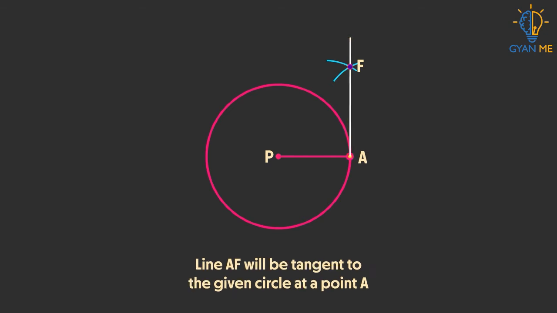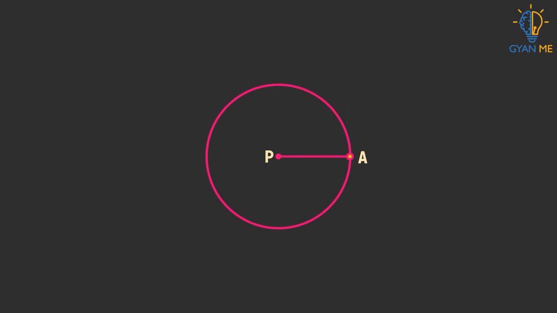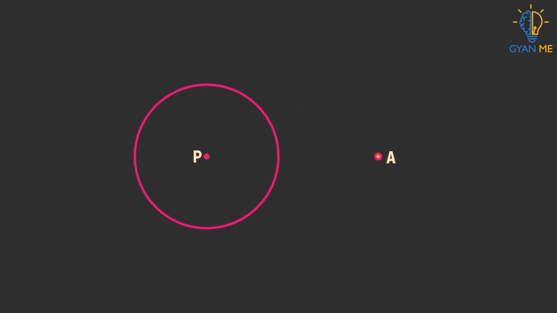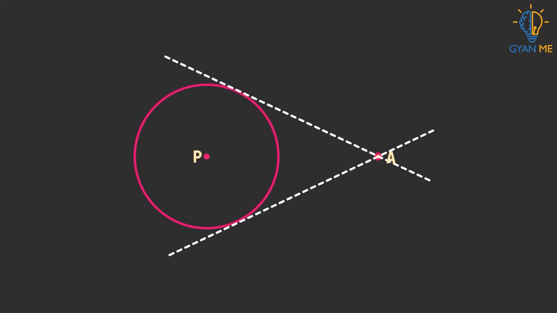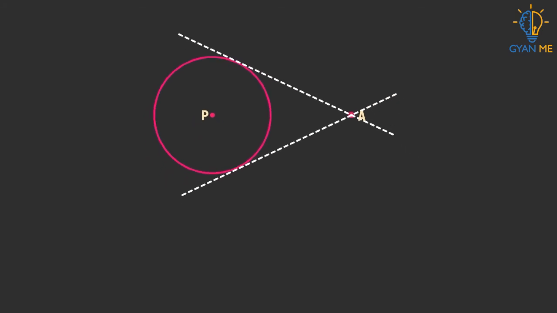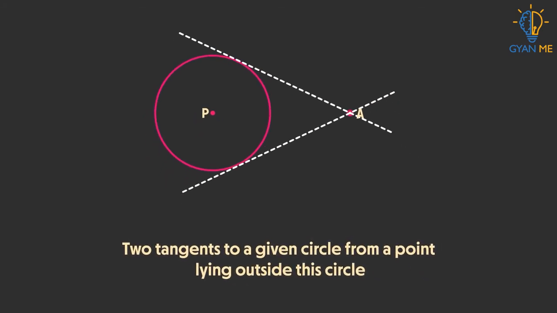Now what if this point A is outside the circle? We know that there can be two tangents passing through this point. So let's learn how to draw two tangents to a given circle from a point lying outside this circle.